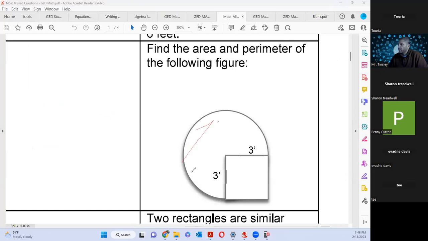What the GED didn't understand is that when they ask you to find this area, you have to do two things. We're going to do the same thing we did previously. We're going to take the area of the circle, take 3/4 of that area, and then take the area of the square and add them together.